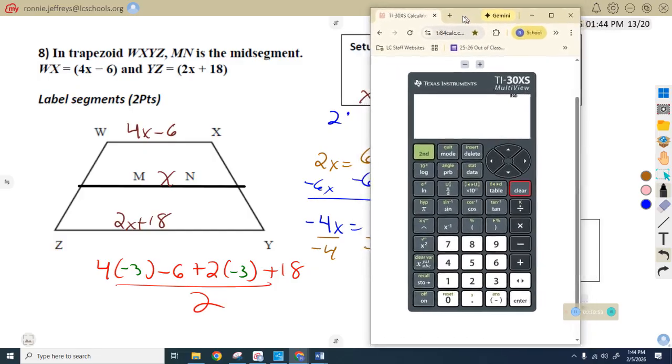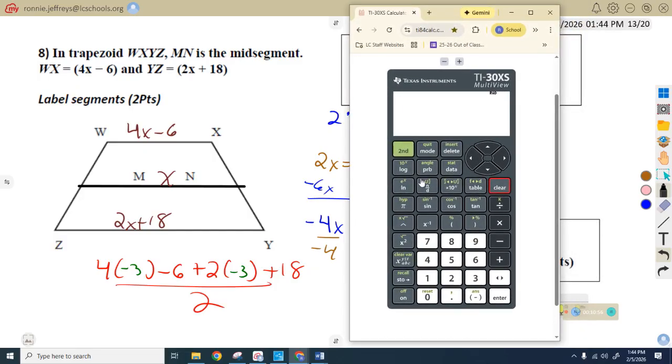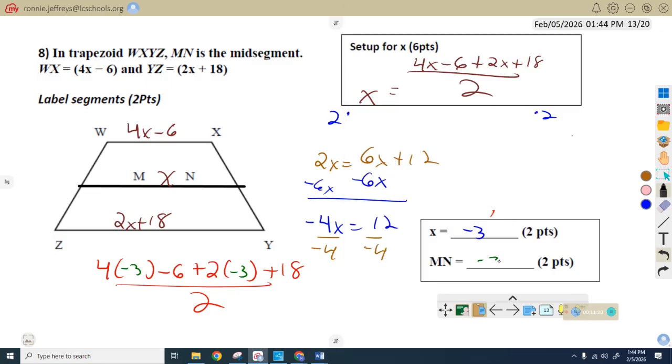I hadn't started y'all's yet. I was waiting to see how mad y'all made me. Did we make you very mad? I don't know yet. Negative 3 plus t. It still is negative 3. So yeah, we had a measurement that's still negative 3.